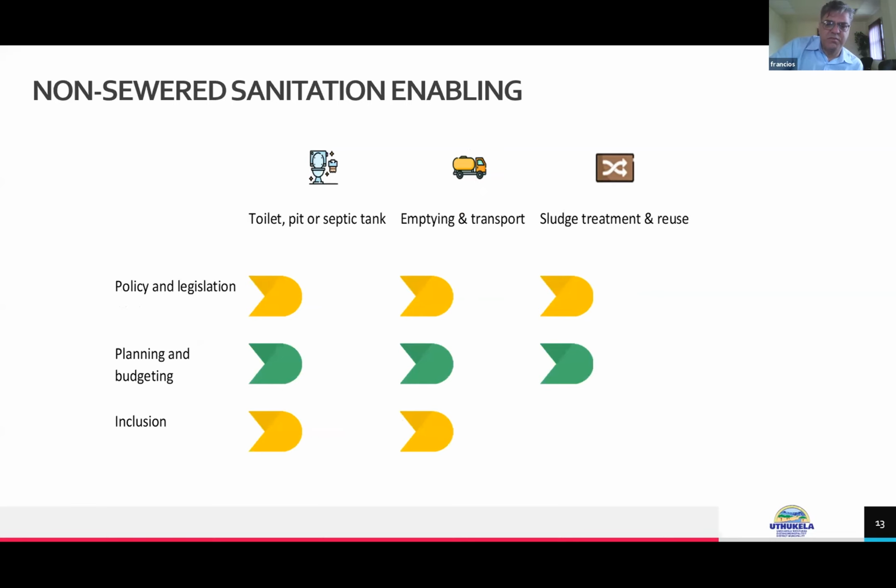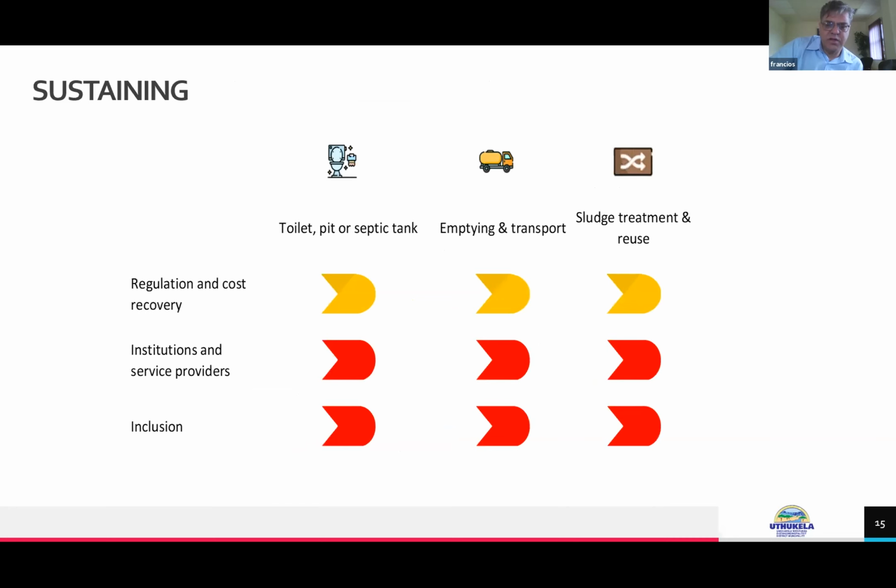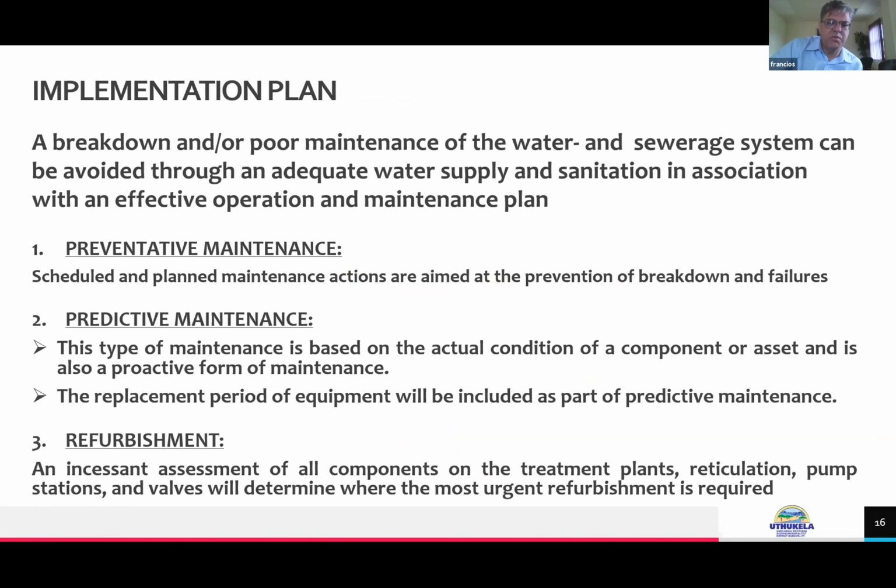So we are waiting for the outcome of the GDS assessment process, and then new SFDs and CSDs will be conducted to see how successful we are. Here you can see the preventative maintenance, predictive maintenance, and refurbishment, the pillars that we base it on. But as I said, refurbishment is the one that we're concentrating on at the moment, because that is way behind.